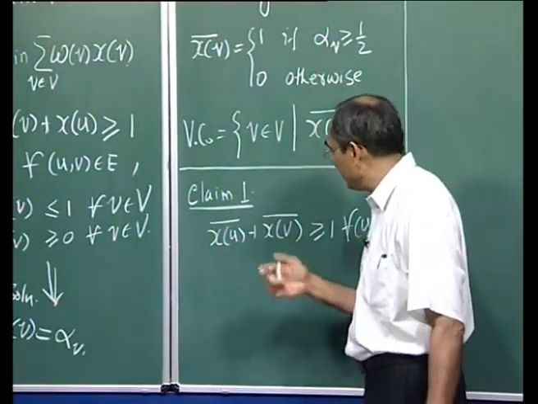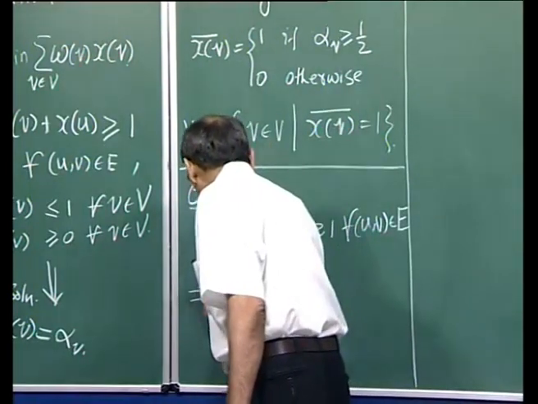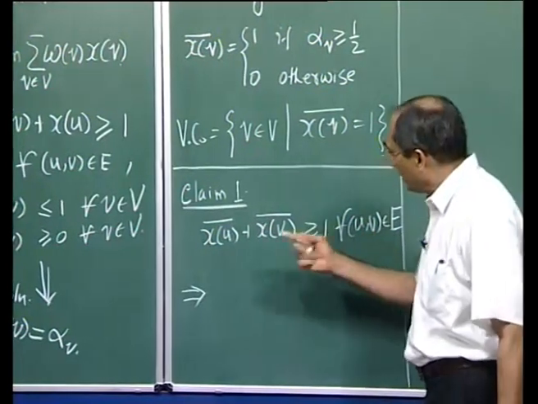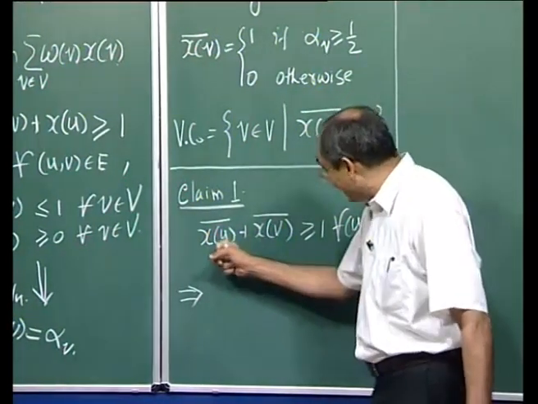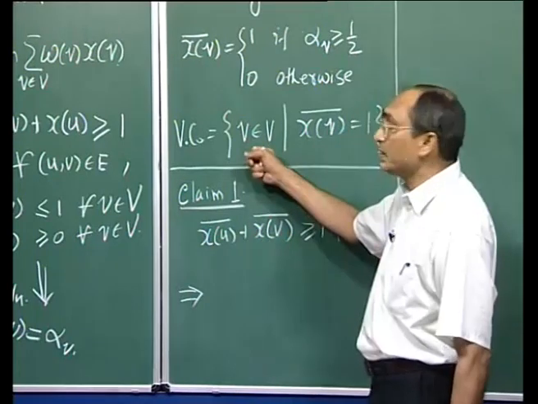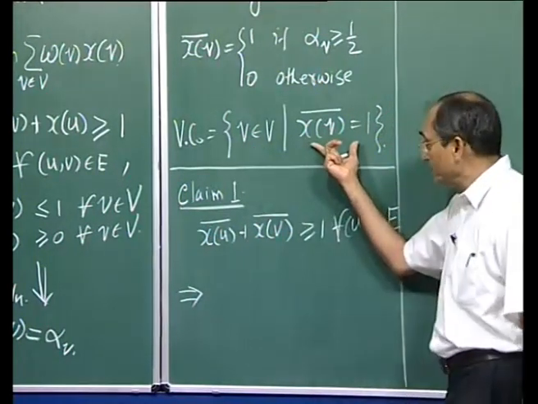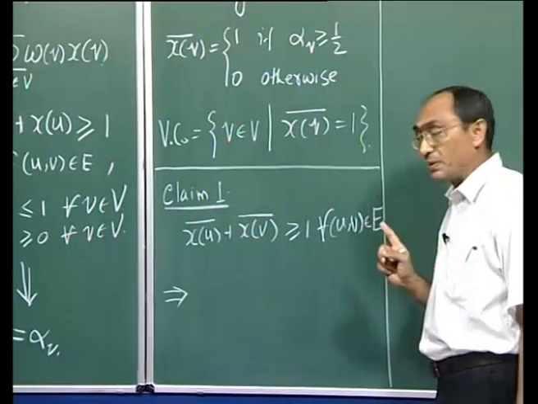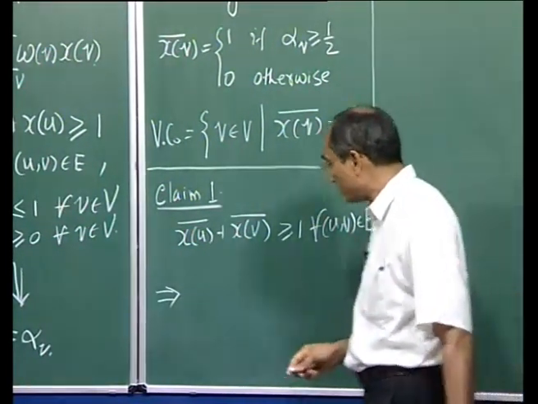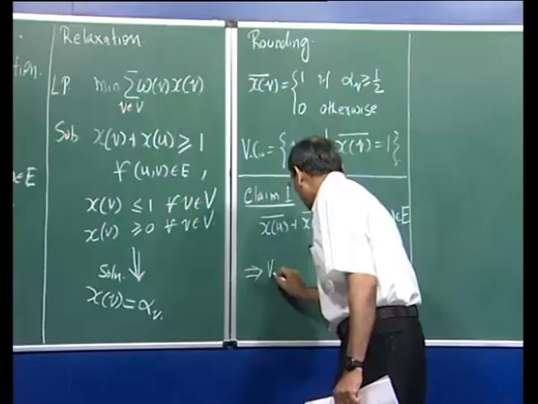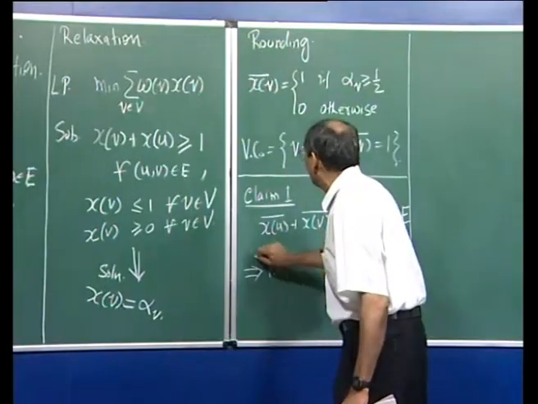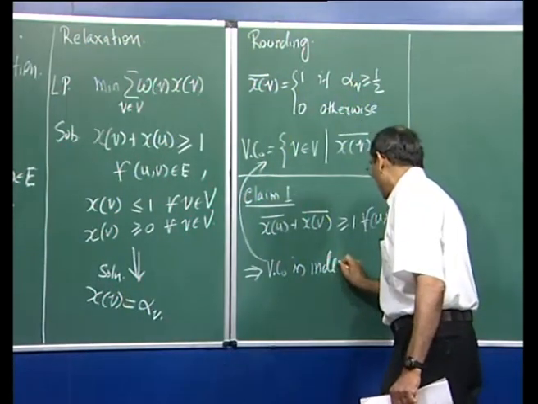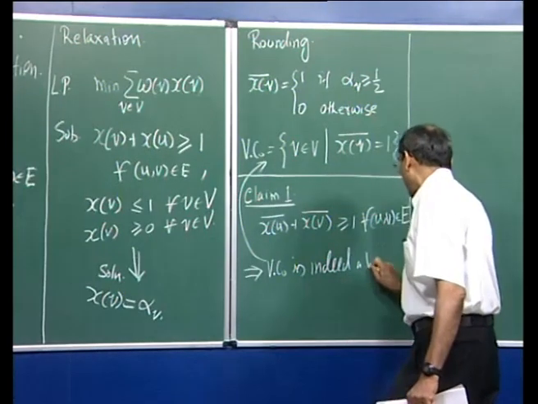It implies that for every edge, at least one of the two endpoints must be in this cover, because that is what we do. We select those vertices for which X_V bar is 1. Hence, this implies that the vertex cover computed here is indeed a vertex cover.